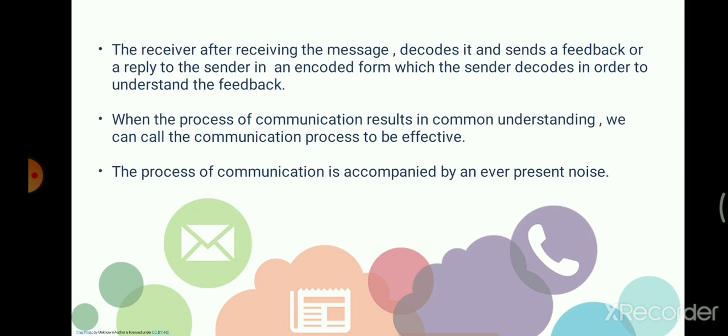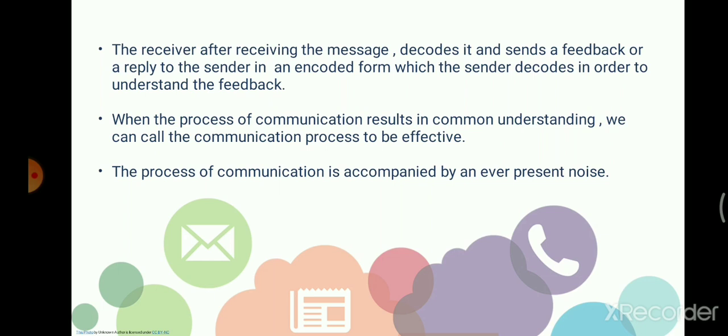Now, the receiver receives the message, but he has to decode it in order to understand it. He decodes the message, he is able to understand the message, and then he necessarily has to send a kind of feedback. Simple word for feedback is a kind of reply or a response.